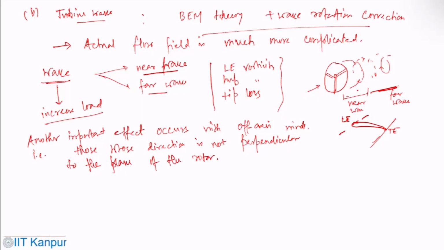So off-axis flows, whether due to yaw error or vertical wind components, result in a skewed wake in which the wake is not symmetric with the turbine axis.